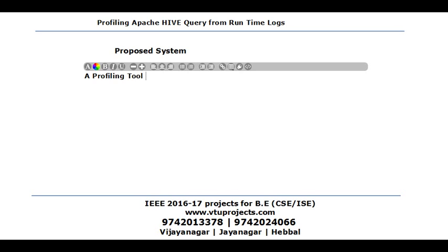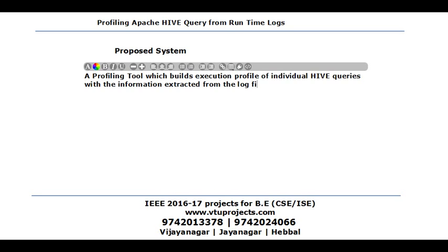Okay, so let me technically frame a sentence out of this proposed system now. We are going to build a profiling tool which builds an execution profile of individual IO queries with the information extracted from the log files.